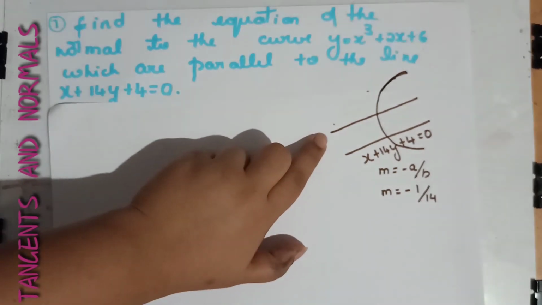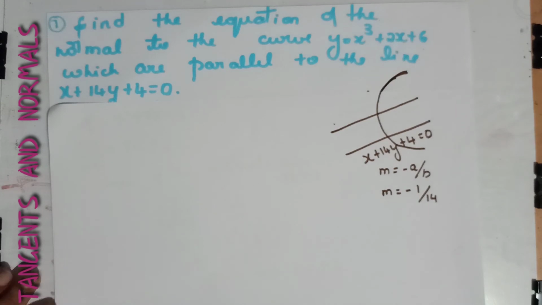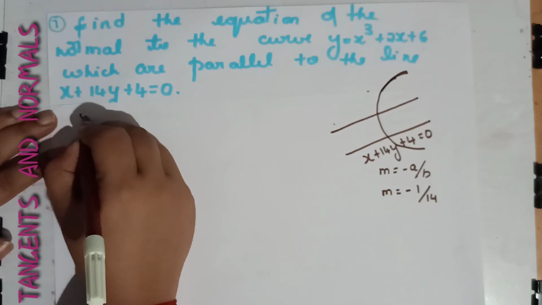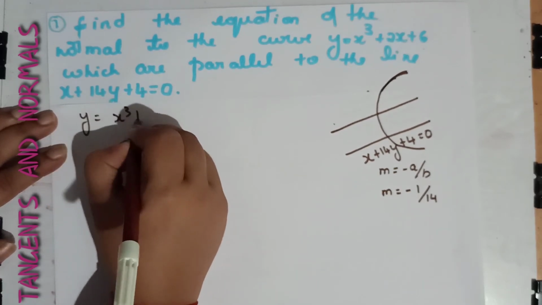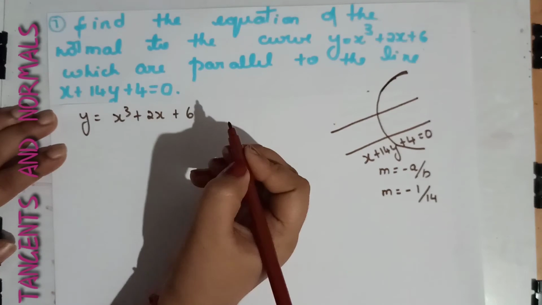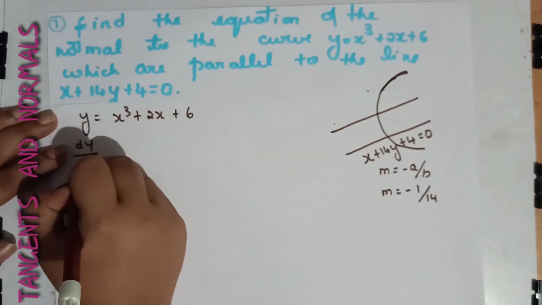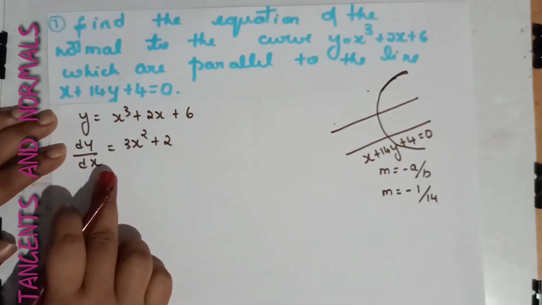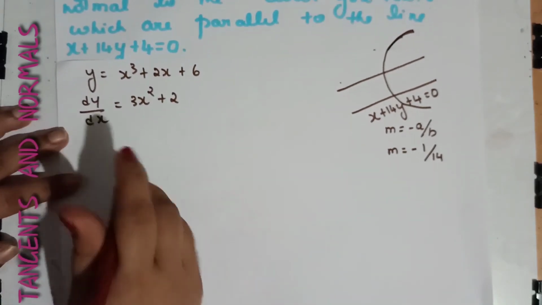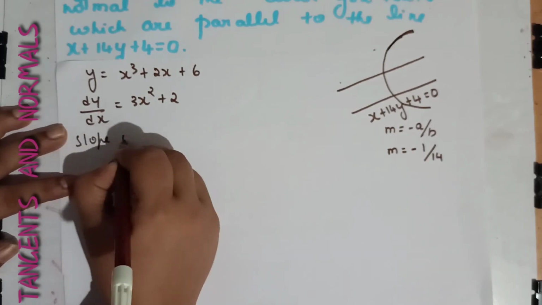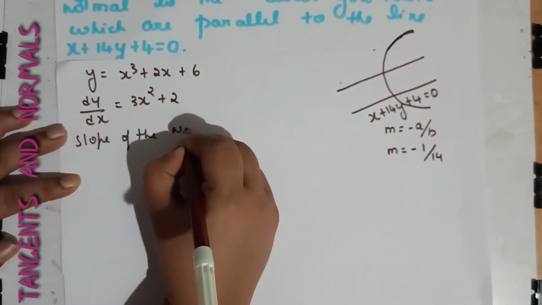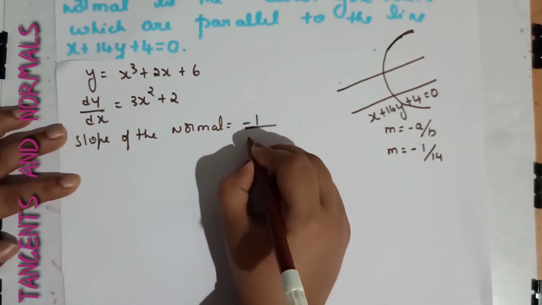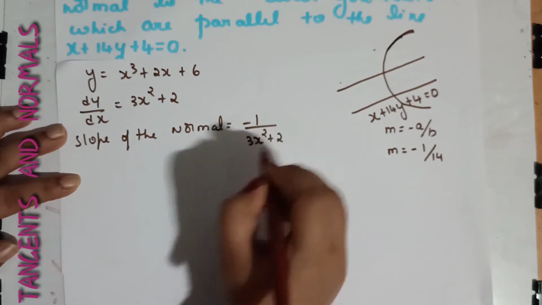Then we will find out the slope of a normal. So differentiate the given curve y is equal to x cube plus 2x plus 6. dy by dx is equal to 3x square plus 2. Now this is the slope of a tangent. Therefore, slope of the normal is equal to minus 1 by 3x square plus 2.